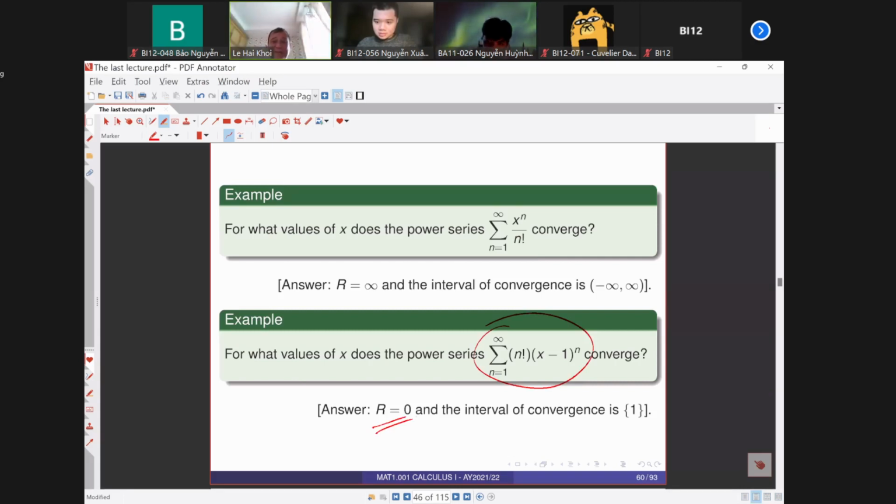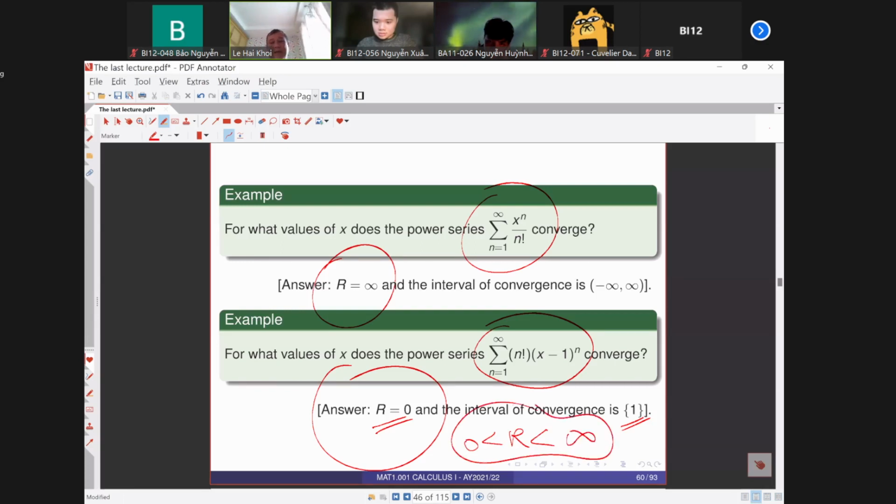And in this case, the interval of convergence is only one point. So for these two cases, you don't have to work on the second step, either one point or the whole real line. Only in the case you have a real positive number R, then you have to look at the endpoints of the interval of convergence.